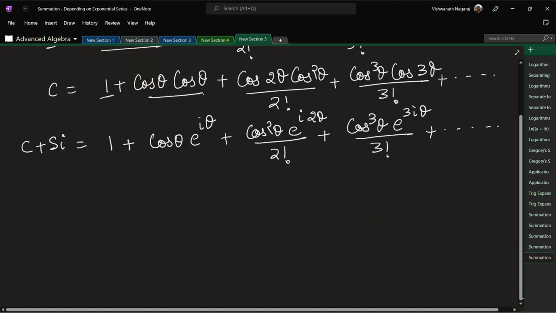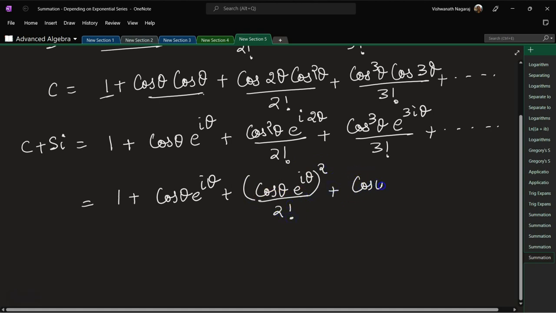Okay, now let's write it like this: cos theta e to the power of i theta plus cos theta times e to the power of i theta the whole square by 2 factorial plus cos theta times e to the power of i theta cube by 3 factorial plus on and on and on.